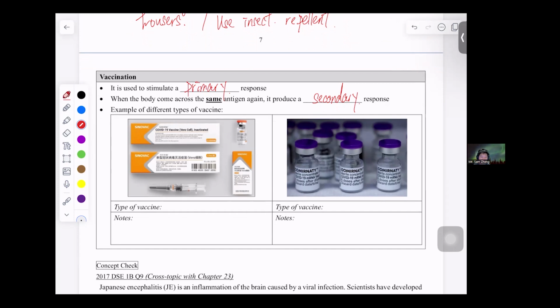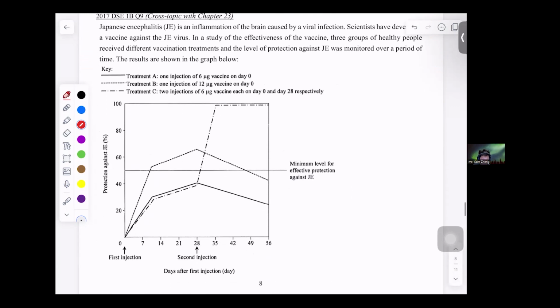Please help me to work on or have a look at this past paper and see how effective vaccinations can be when we face different pathogens, or how the vaccination will protect us against the pathogens. So now, today's lesson we will stop here.